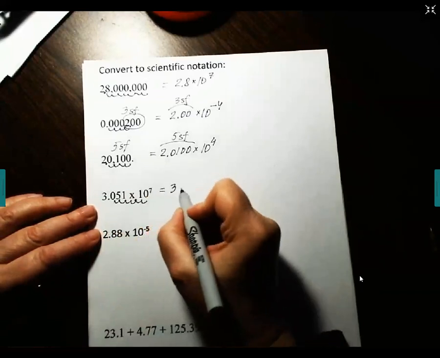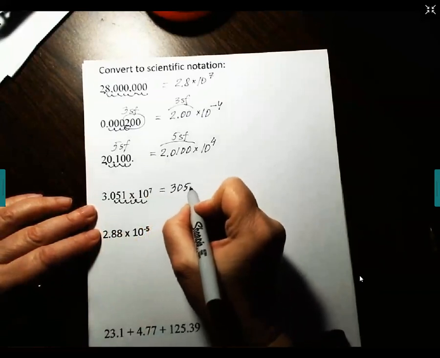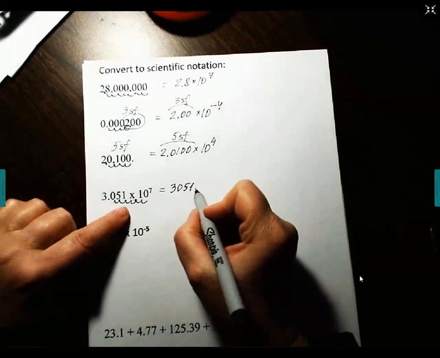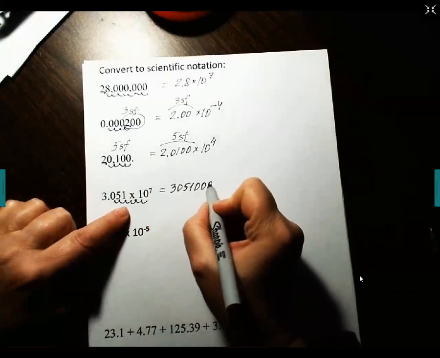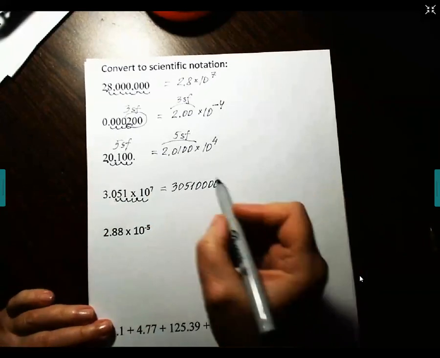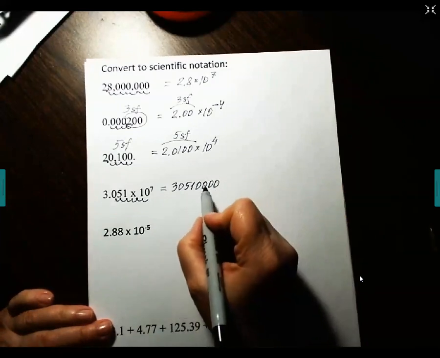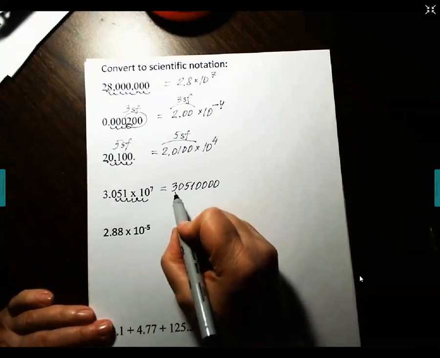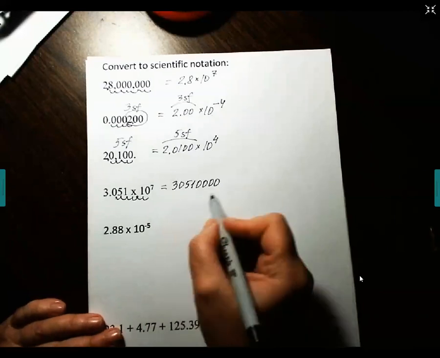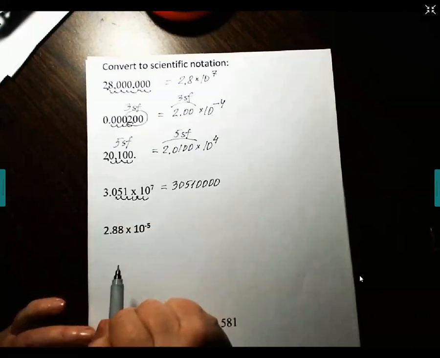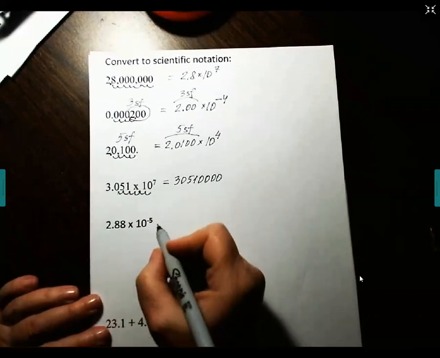Okay, so it's going to be 3051 and 4 more zeros: 1, 2, 3, 4. Let's check. 1, 2, 3, 4, 5, 6, 7. Right. So this is the standard notation for this scientific notation number.